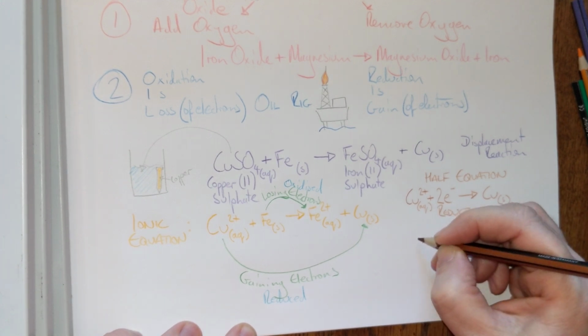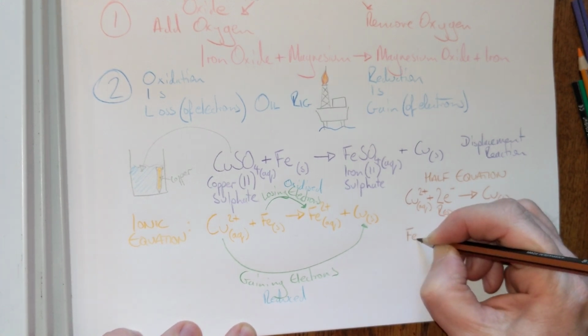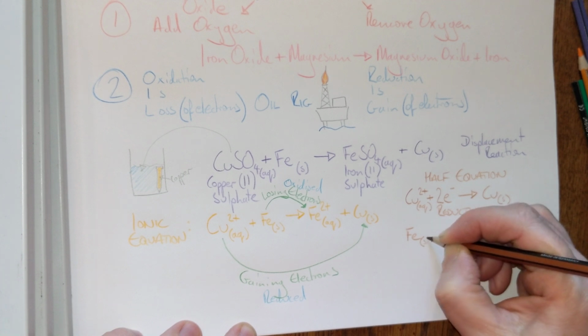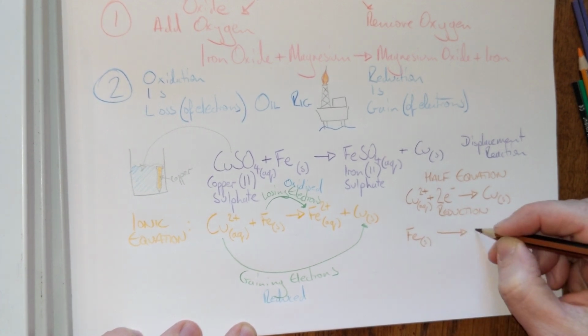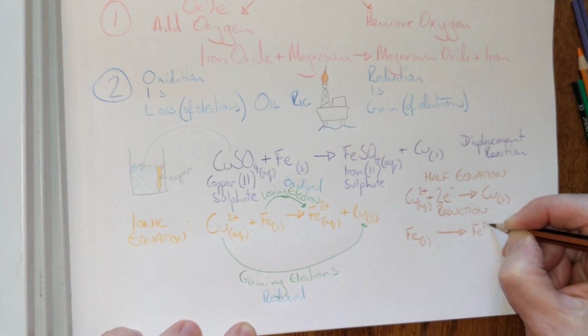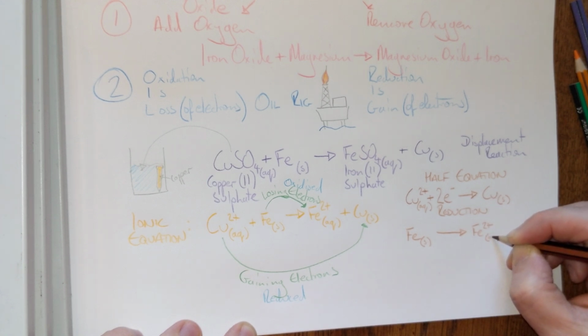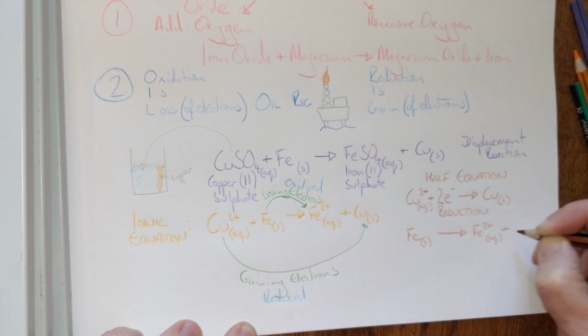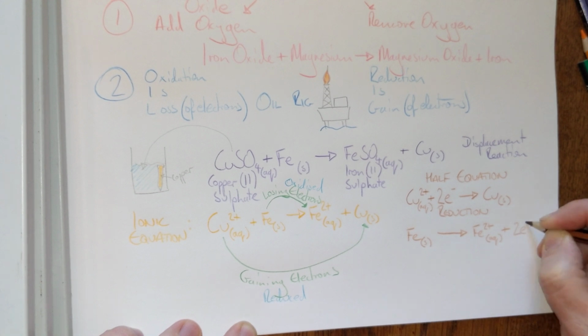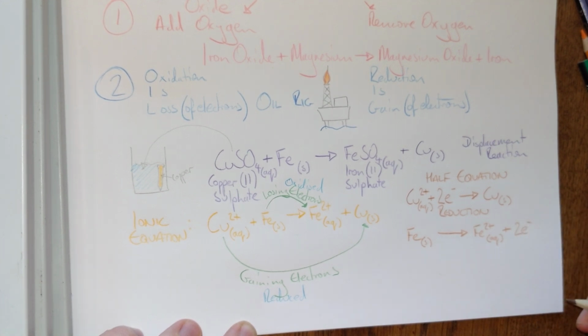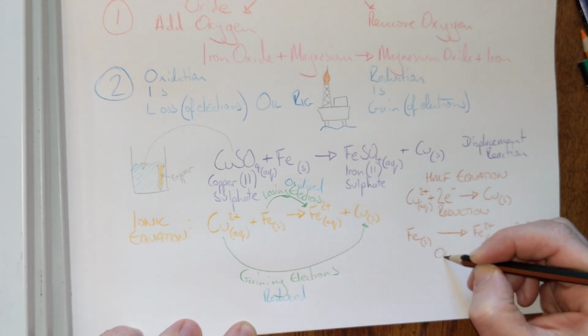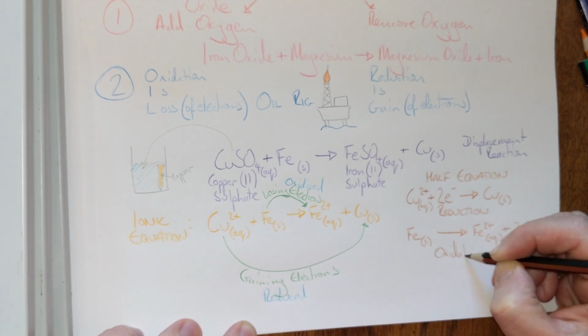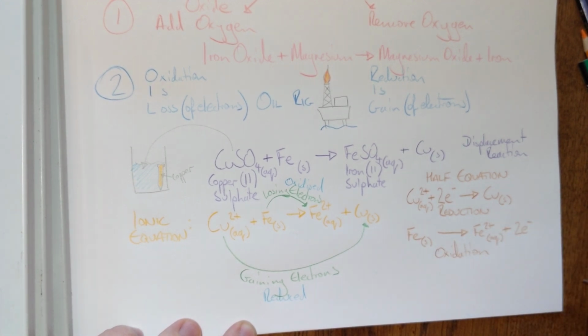And here, the iron is going from Fe, solid, to Fe2+, aqueous, and it's giving away 2 electrons. And that's our oxidation half equation.